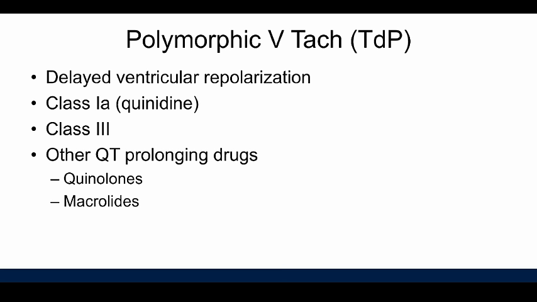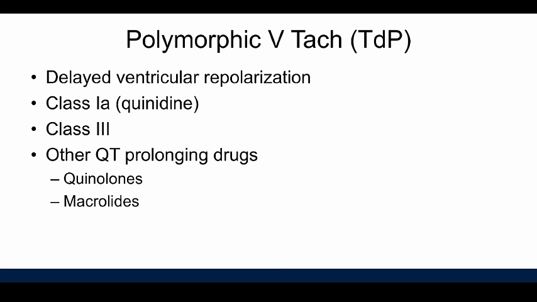Any drug that causes delayed ventricular repolarization is likely to cause torsades. Specifically, the drugs that classically are associated with this are going to be your class 1A antiarrhythmics, such as quinidine. So quinidine can actually, if too much is given, cause polymorphic VTAC or torsades, as well as our class 3 drugs like sotalol that we've already talked about.